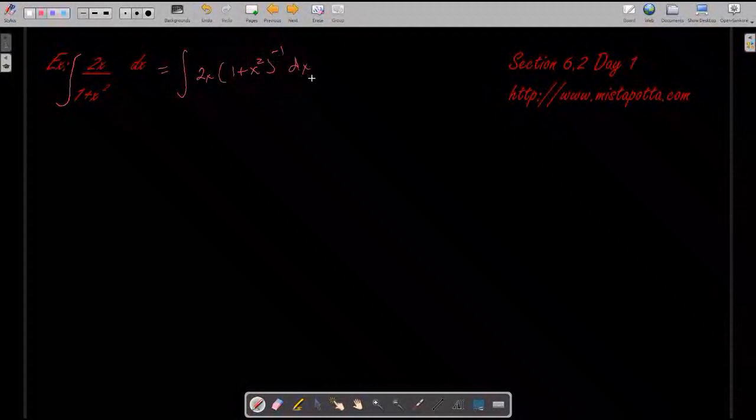And so often, not all the time, but often, when I see a fraction, I'm going to let u be the denominator of that fraction and see where that takes me. Sometimes it'll help out, and sometimes it won't.